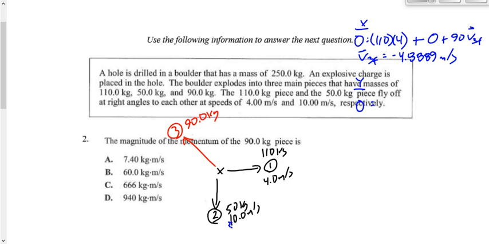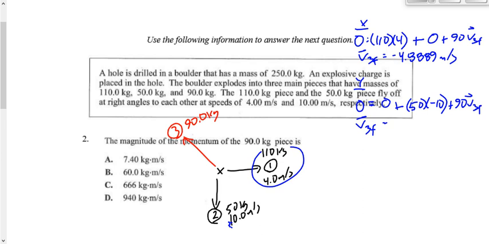Zero initial y again is equal to, I said zero momentum here because that's on the x-axis, plus 50 times negative 10, downwards, plus 90 times V3F.